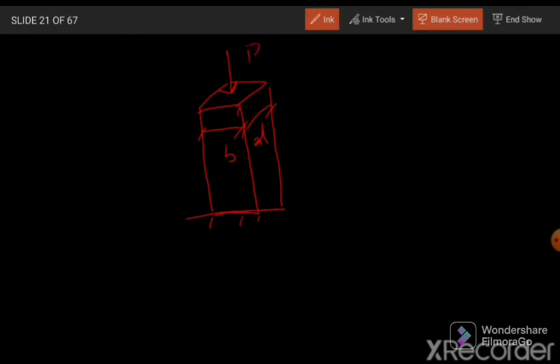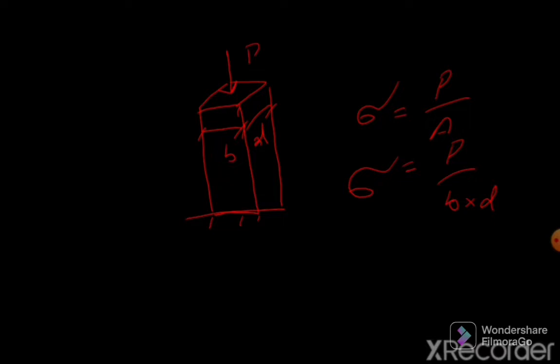Under the application of load P, what will be the stress in that column? So we will calculate the stress sigma is equal to P over A, or P divided by B times D. This type of analysis is termed as stress analysis. So we have calculated the stress due to the application of load.